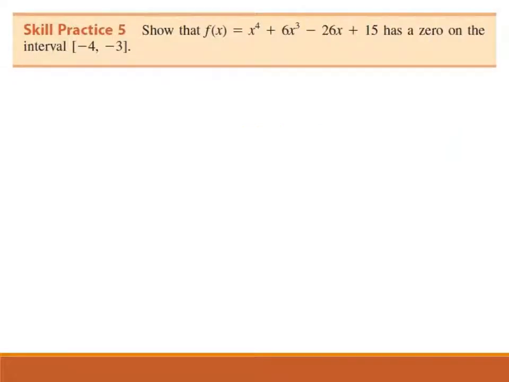So I would like you to do skill practice 5. Show that f of x, where x to the 4th plus 6x cubed minus 26x plus 15, has a 0 on the interval between negative 4 and negative 3. So pause and try the example.